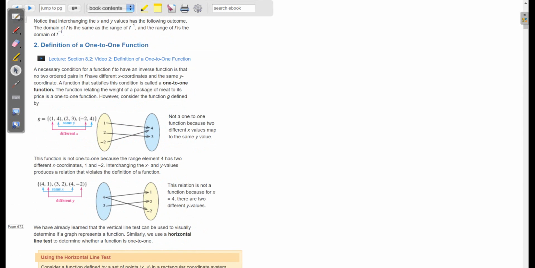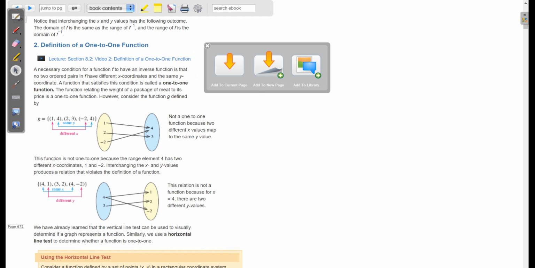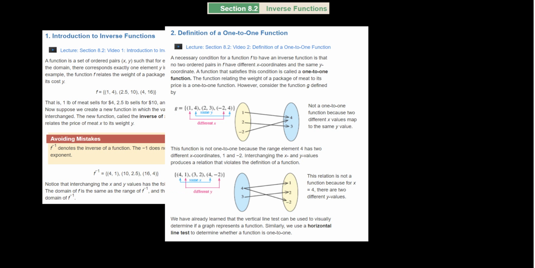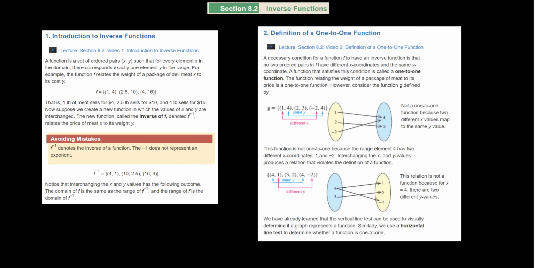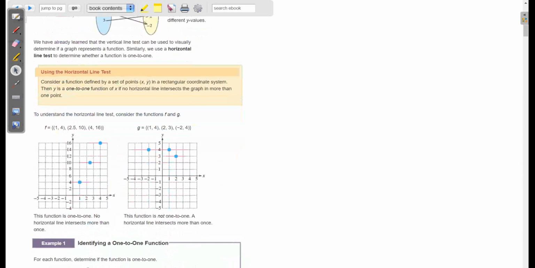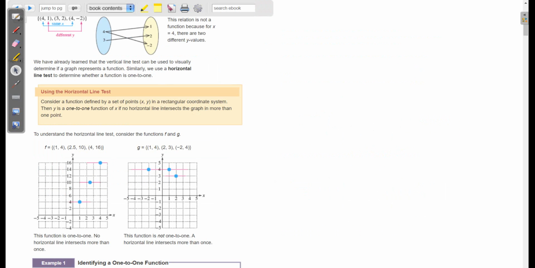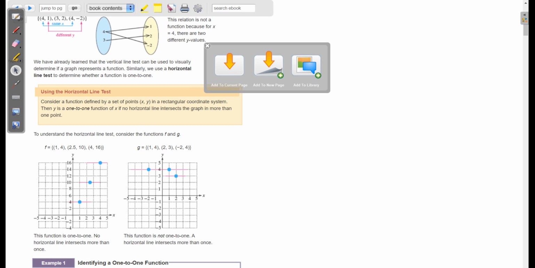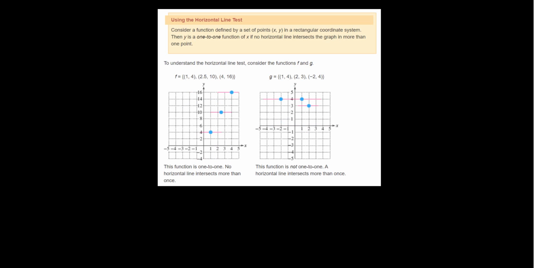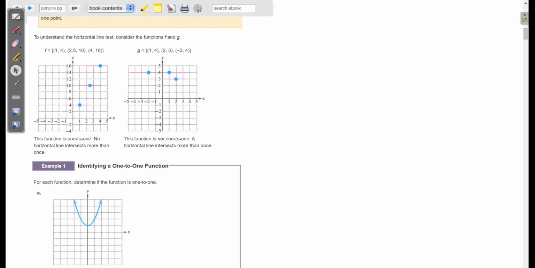Okay, looks like we got tons of definitions today. And let's just go ahead and wrap it up with the horizontal line test. See how far I get. Okay. And you know what? Let's just go ahead and snip the first example.